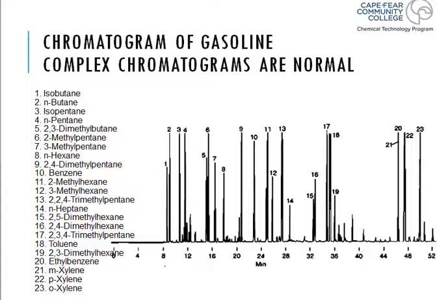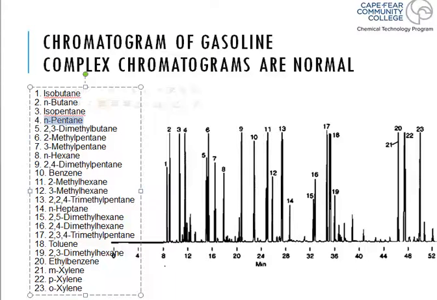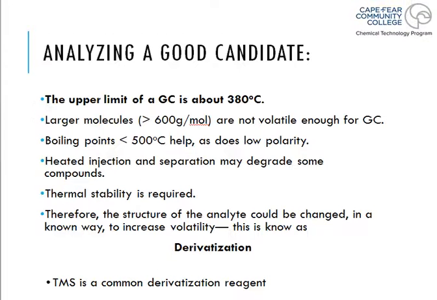And I won't until I actually have those particular components and run them by themselves. To see if number 4 was pentane, I would need a standard of just pure pentane in a laboratory, and I would need to inject pure pentane into the GC. And then I would be able to go through and say, all right, the times and the peaks kind of match. So number 4 probably is pentane. All right, that's qualitative analysis.